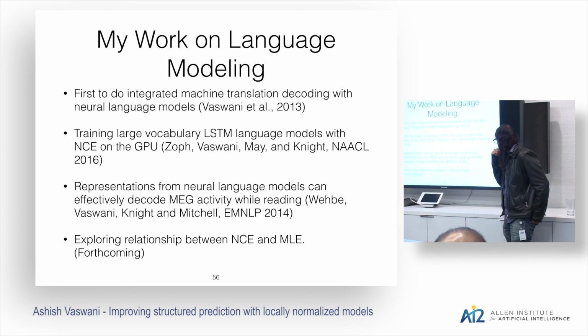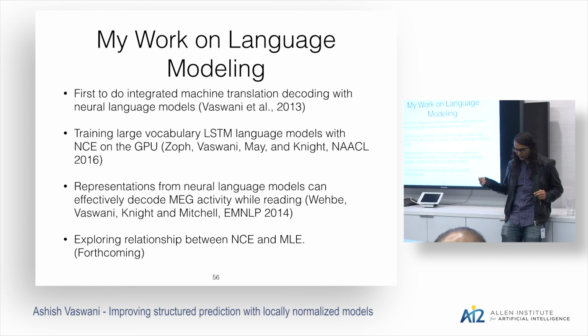And more recently, I've been trying to investigate a more theoretical connection between noise contrastive estimation and maximum likelihood estimation. Maximum likelihood estimation is a standard way to train language models, and noise contrastive estimation is a much cheaper alternative. Instead of renormalizing over 1 million words, you can just use 100 noise samples.